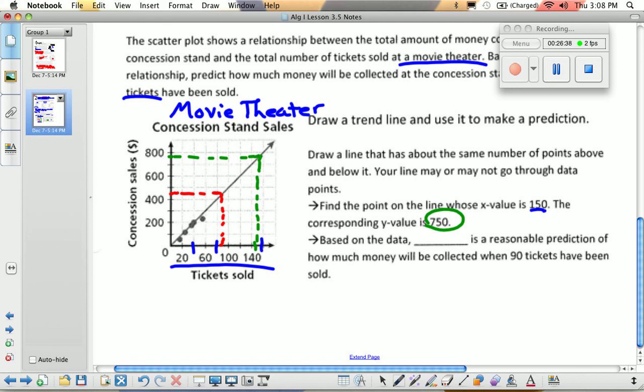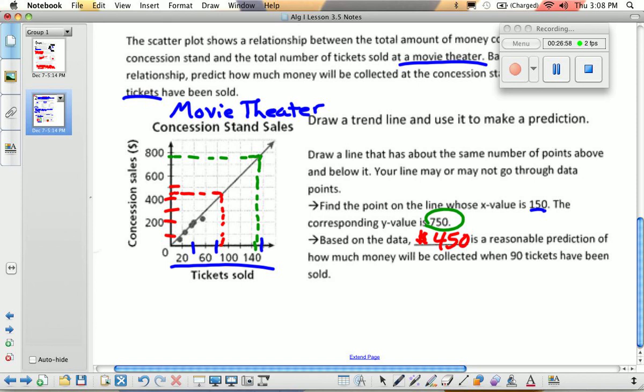What do you think it is, Ashton? What do you predict? 450, because what's every grid line on the y-axis representing? 100. So it's between 400 and 500, so I'm thinking that $450 would be a reasonable prediction for 90 tickets sold.